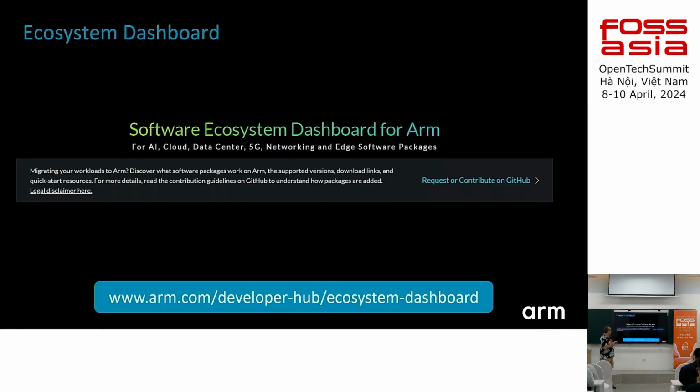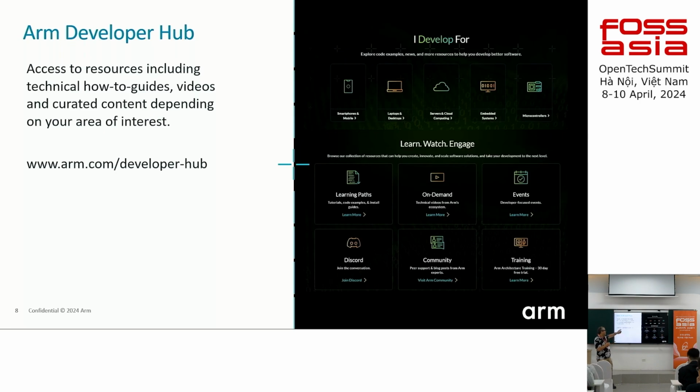It's very simple. It's, what's the area that you want to develop on? You go there. You've got videos from ARM experts, both internal and external. You can find out where the next ARM-based event is, etc. And there's also some training modules available. Some of that is free.